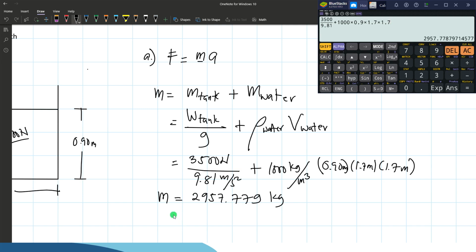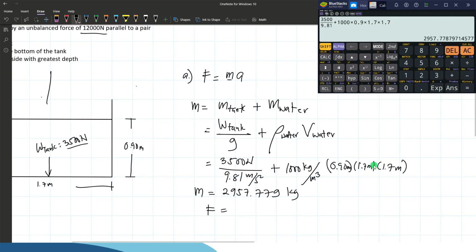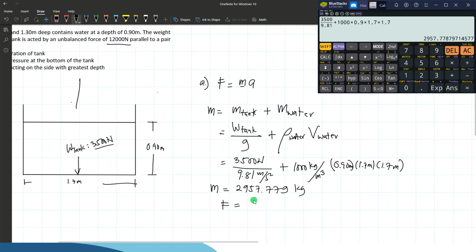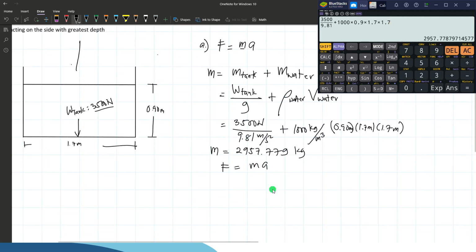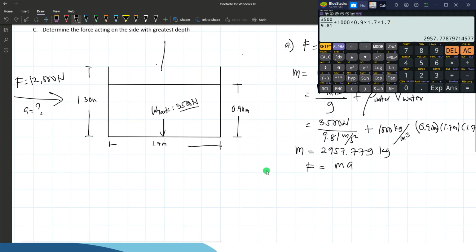Now we substitute force equals mass times acceleration. So the applied force here is 12,000 newtons. We can substitute that here in force, and we also have the mass. To find the A, we divide both sides by the mass, or simply acceleration is just force over mass.